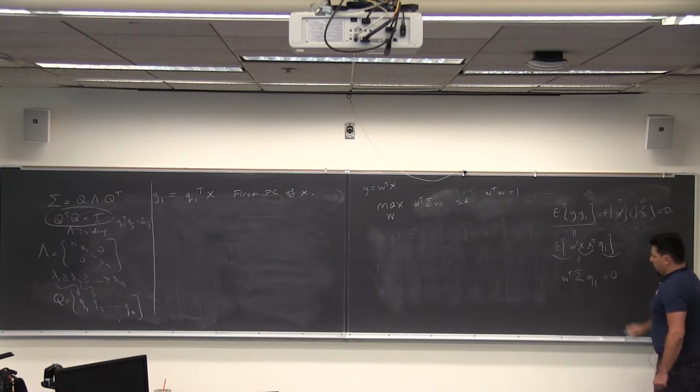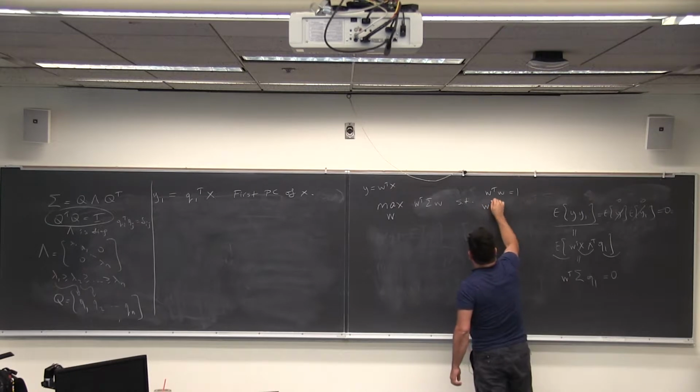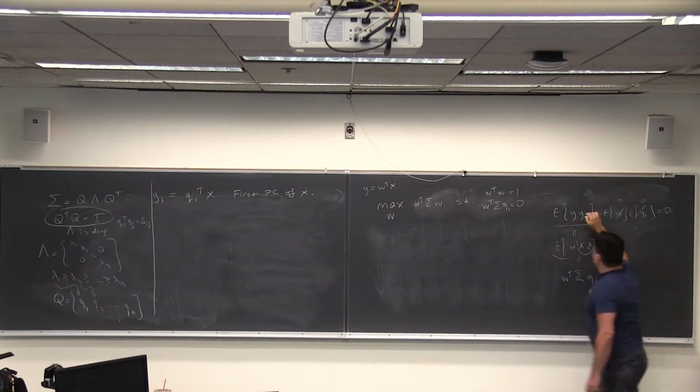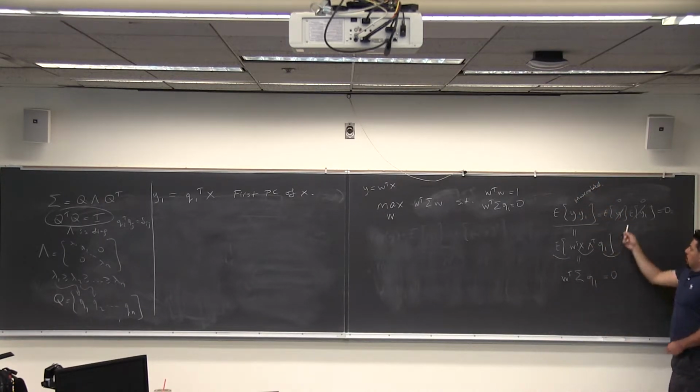So this will be 0. That's my second constraint. So I want my second projection to be uncorrelated, which in the case of zero mean projections means this. I want this constraint to be satisfied by W.